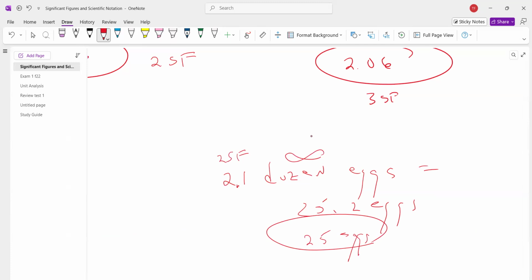So your answer is going to be 2 also. 2 versus infinite. 2.1 is smaller than infinite, so I'm going to go with the 2.1. But our calculator gives us 3 sig figs. We have to convert that to 2 sig figs. That makes sense? All right.